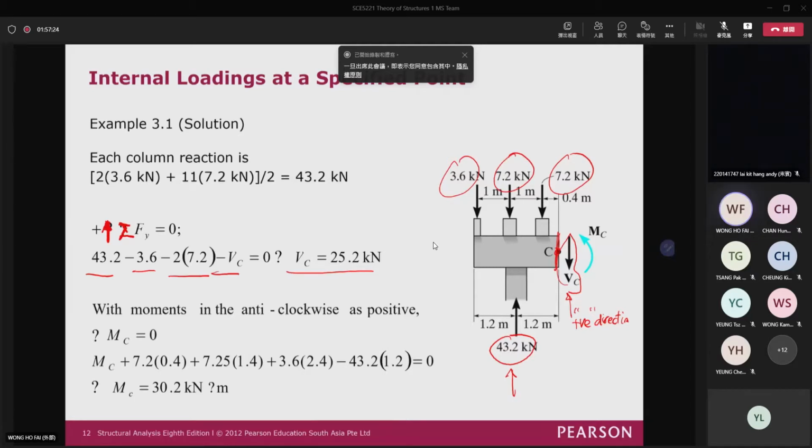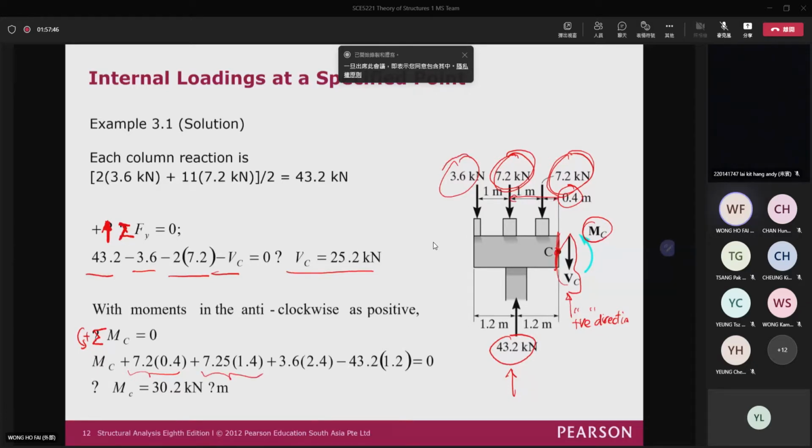Again, you can use summation of moment is equal to 0, and you have this MC here. This is counterclockwise, so it is positive. You have 7.2 times 0.4 as the first moment, and 7.2 times 1.4 as the second moment.